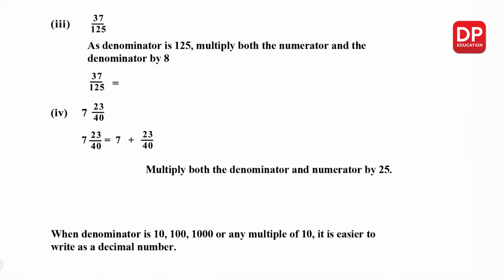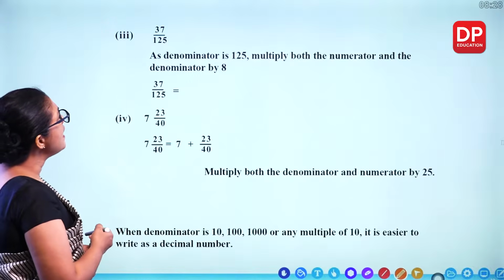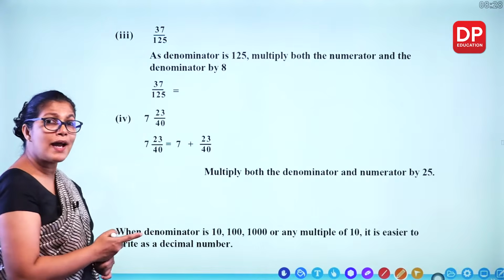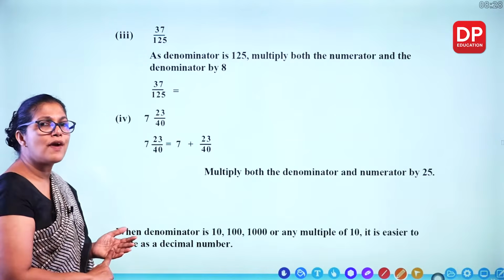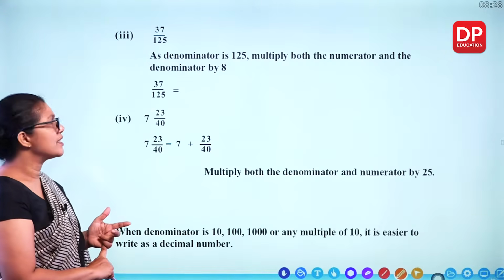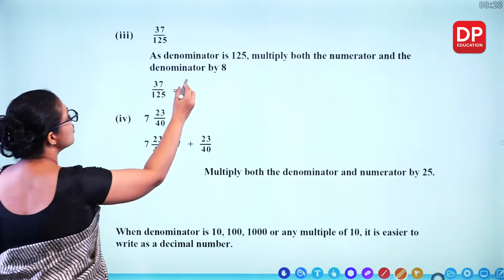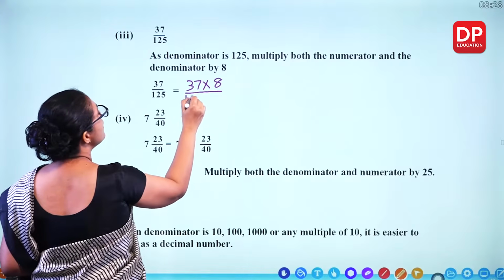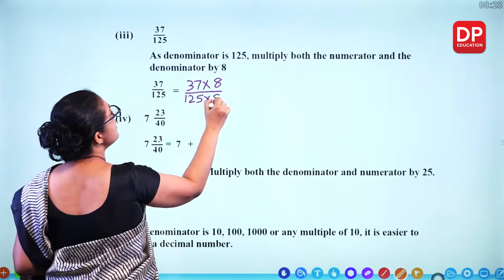37 over 125. Now the denominator is 125. As the denominator is 125, multiply both the numerator and the denominator by 8, because 125 times 8 is 1000. So we need to convert to 1000. So multiply by 8 both the numerator and the denominator.